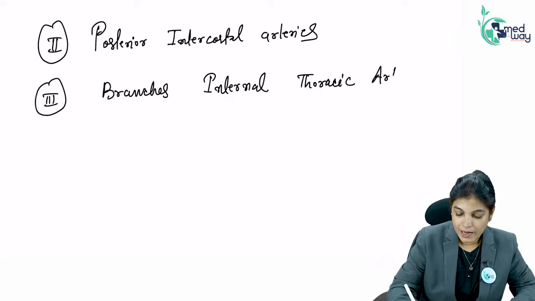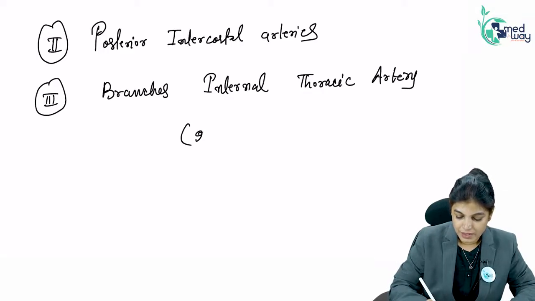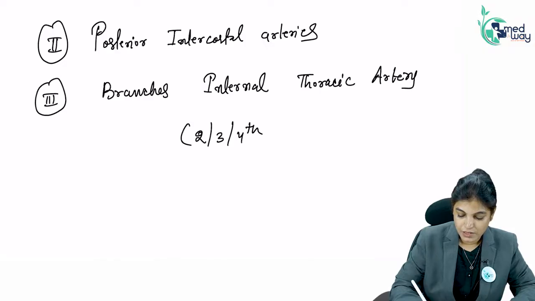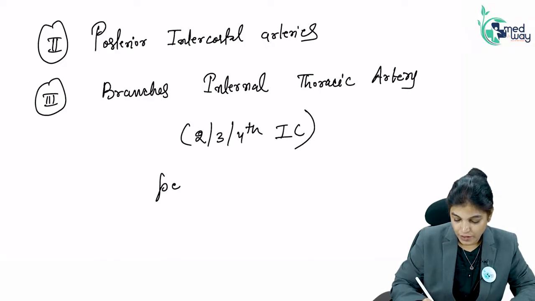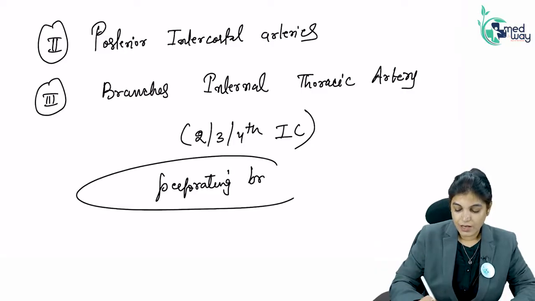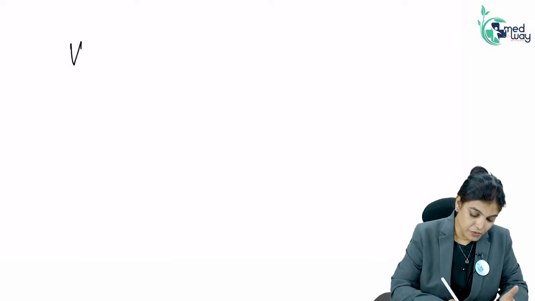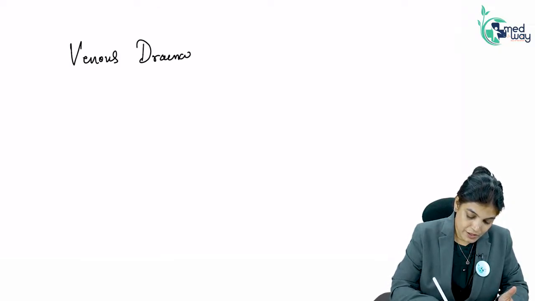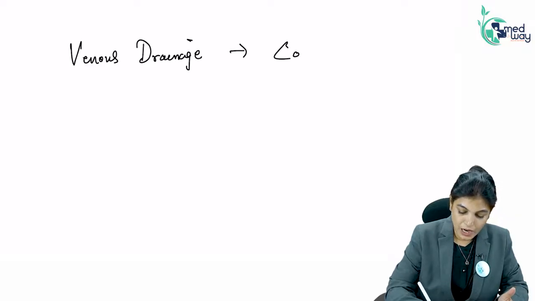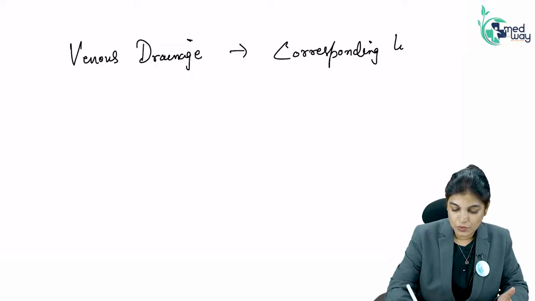In the second, third and fourth intercostal spaces, we have the perforating branches. Other than that, the venous drainage of the breast corresponds to the arterial supply.